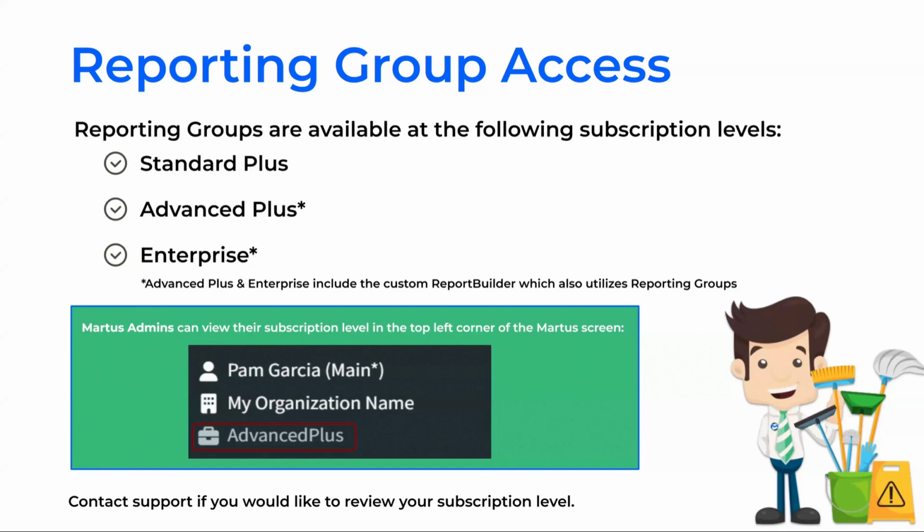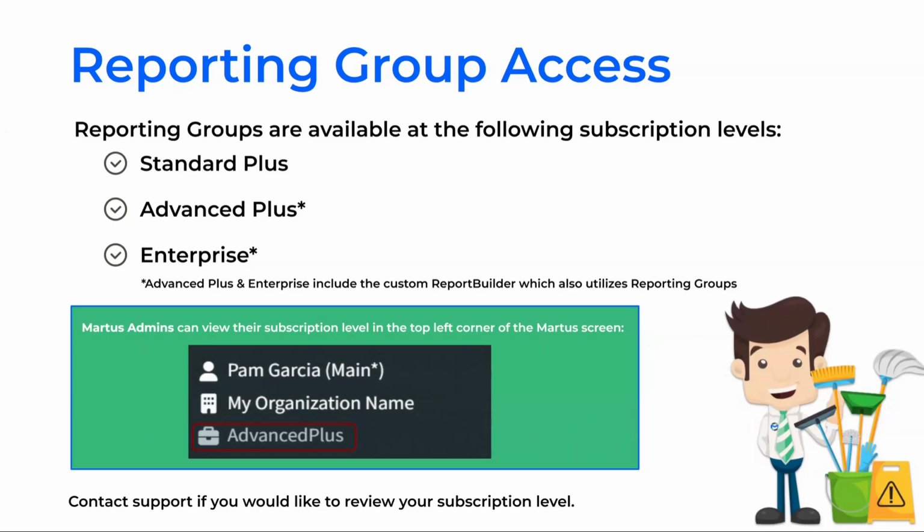Reporting groups, which is what we're talking about today, are available if you have the word Plus in your subscription or the word Enterprise. If you're a Martus admin, you can look at your Martus instance and know what level you're at. You can see I circled it here in the red box right under your name, and your organization's name should be what level you're at. We are going to talk about reporting groups in special purpose worksheets today, which all three of these subscription levels can utilize.